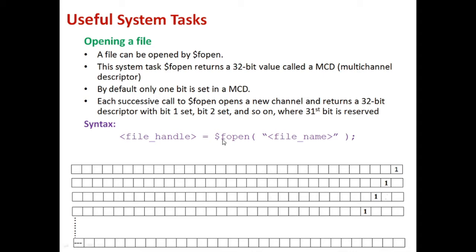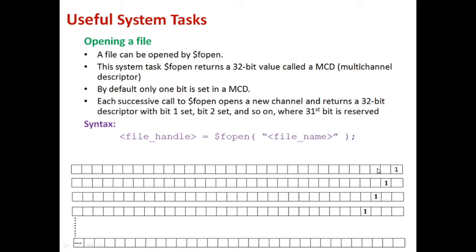So whenever I am invoking $fopen here, each successive call to $fopen opens a new channel and returns a 32-bit value to your file handler, which is nothing but your MCD. So for example, it is my default MCD value.